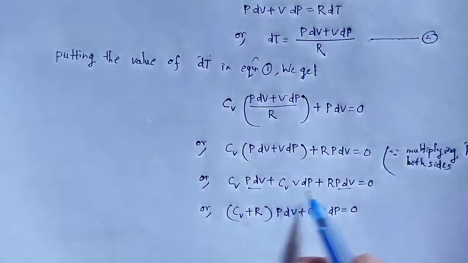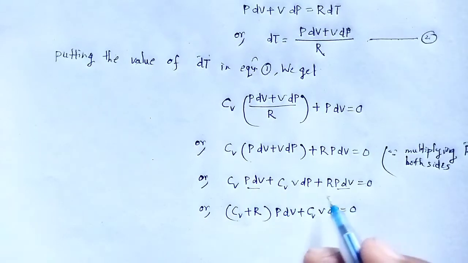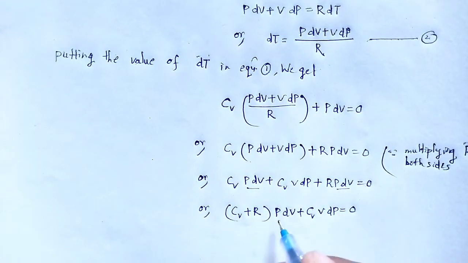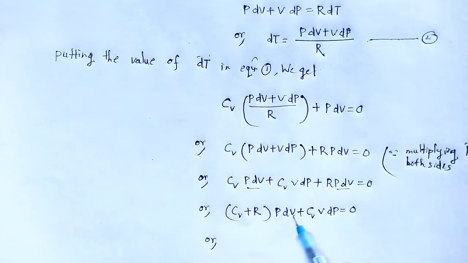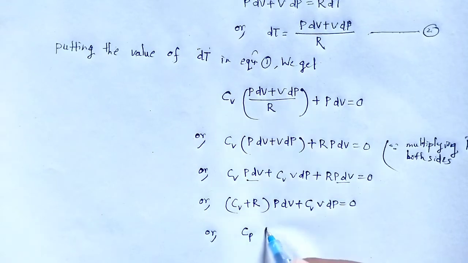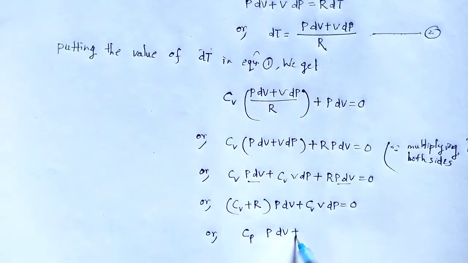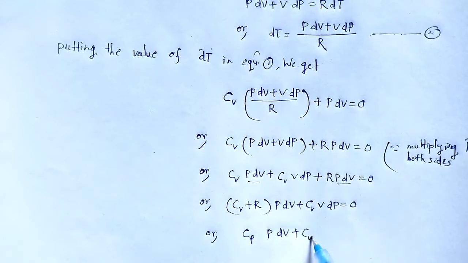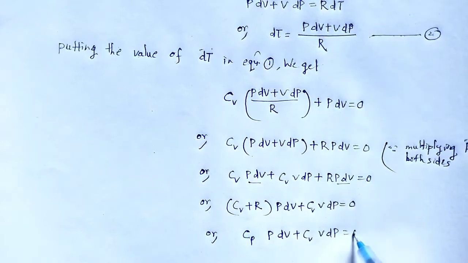So Cv plus R is Cp: Cp P dV plus Cv V dP is equal to 0.